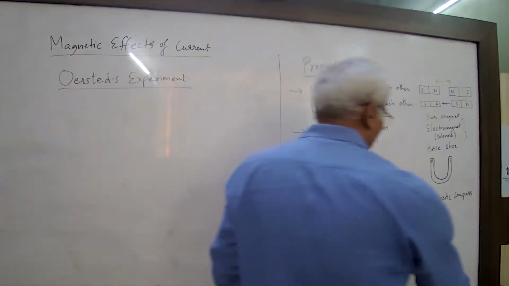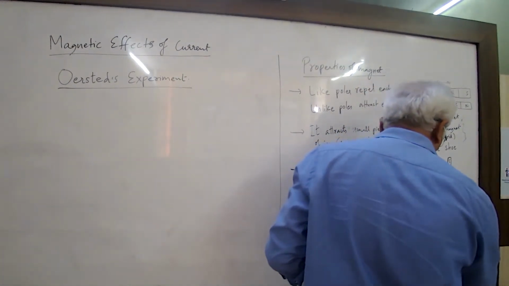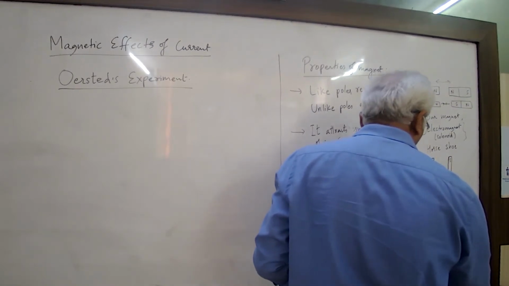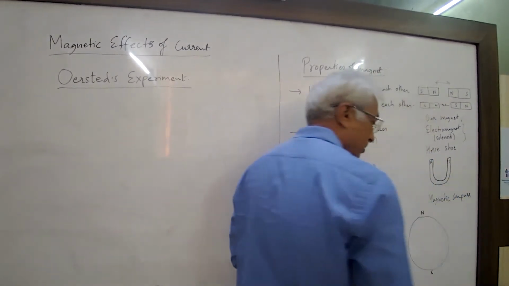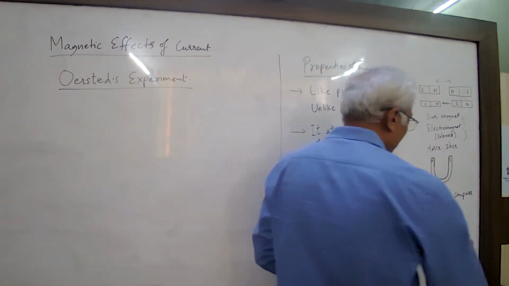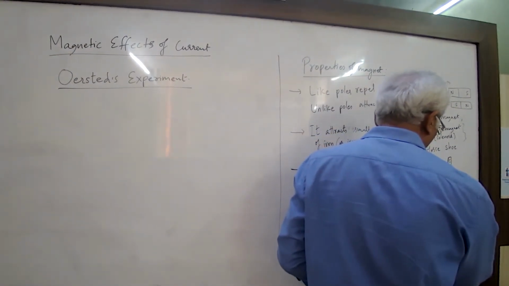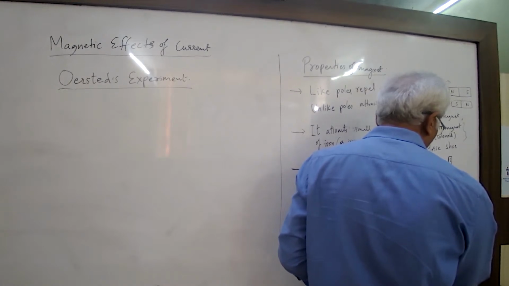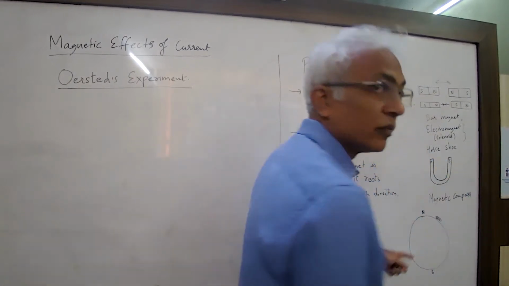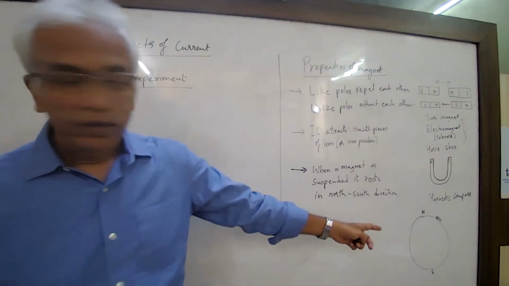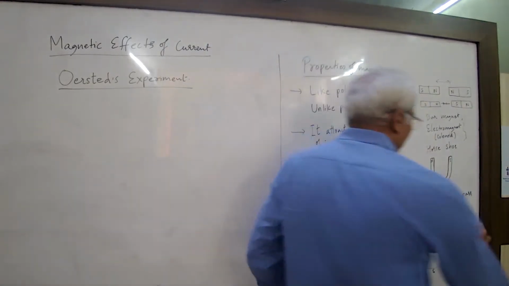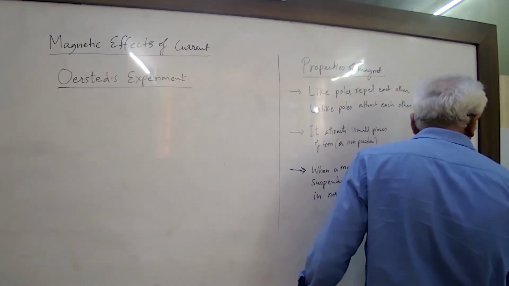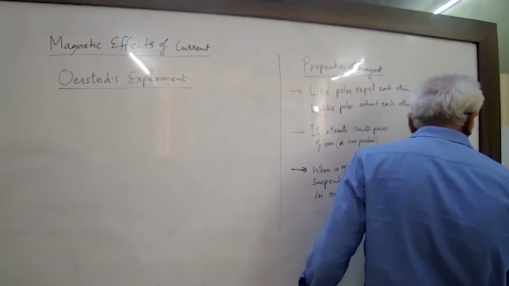So if you have the Earth, with geographic north and geographic south, and you keep a compass here, it always points in the north direction.